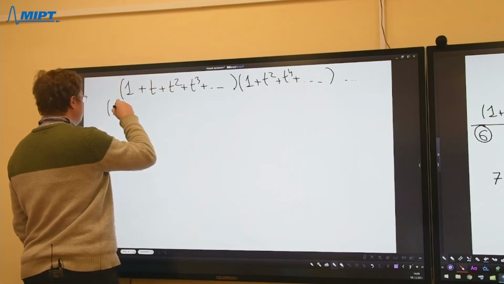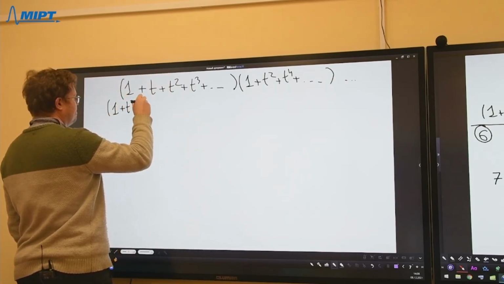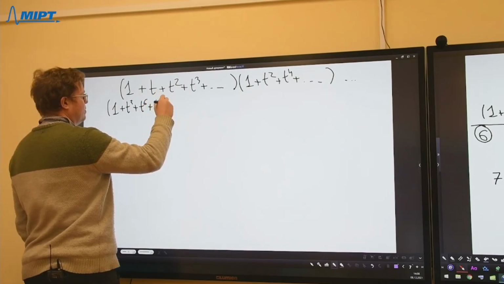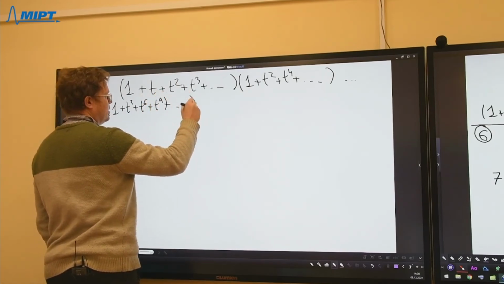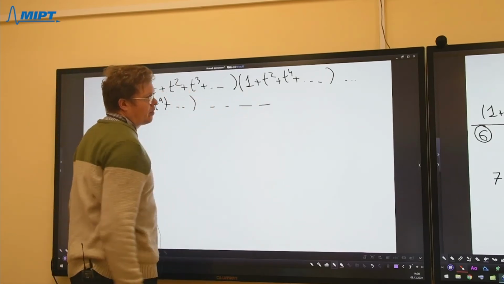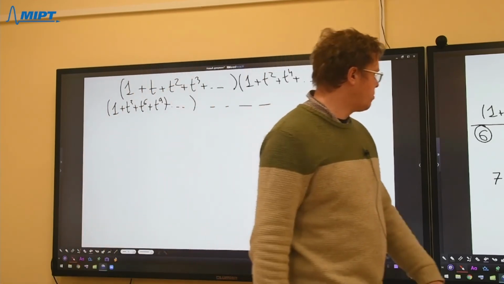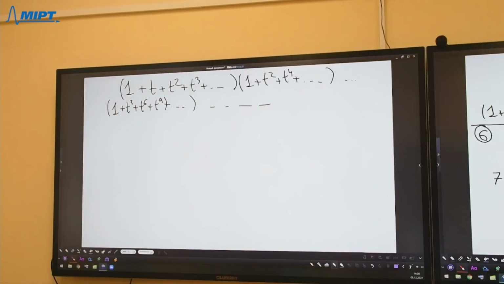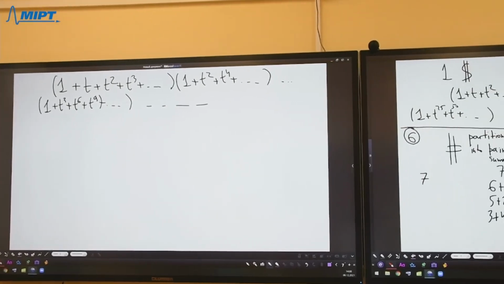What if we have partitions into pairwise distinct summands? How can we restrict this formula to have the partitions of n into pairwise distinct summands?